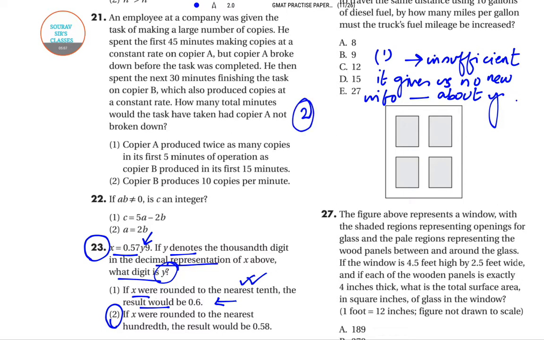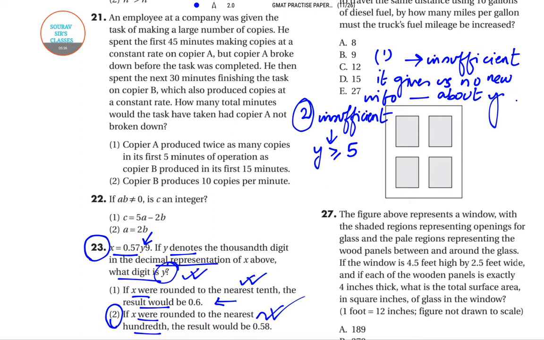Statement number 2 says if x were rounded to the nearest hundredth, the result would be 0.58. Now this alone is again insufficient. Why are we saying this? Because it tells us only that y is greater than or equal to 5, which is not sufficient to answer this question, because they ask us what digit y is.